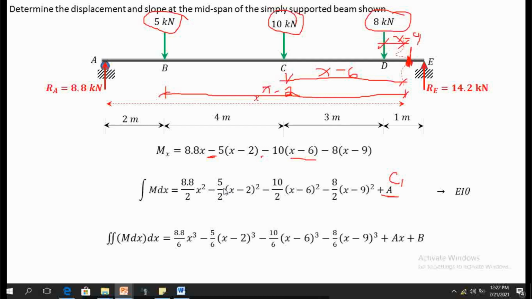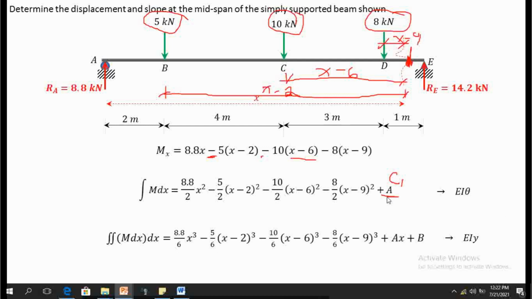Then, itong 5 over 2 (x minus 2) raised to 2, magiging 5 over 6 (x minus 2) raised to 3. Paano nakuha yung 6, yung denominator na 6 na ito? Di ba, dito, the exponent of x is 2. So, pag nag-plus 1 ako, 3. 2 times 3 is 6.